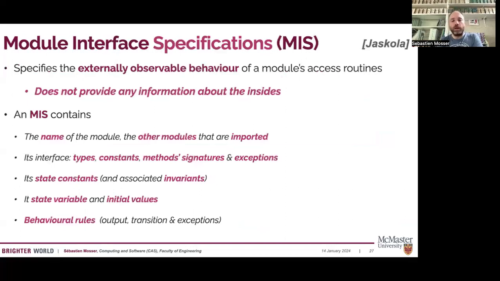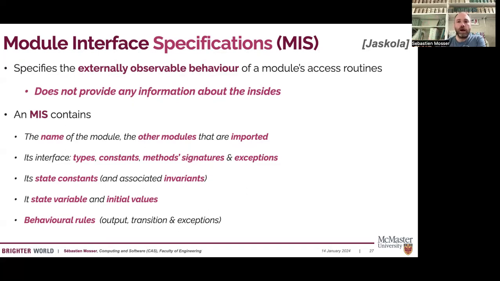To do this, we're gonna pimp up a little bit the notion of abstract data type, and we're gonna go for what's called module interface specification, MIS. In that case, it's just like an ADT on steroids. So we want to describe the externally observable behavior of what's happening. So no information about the insides, like an ADT, really nothing, just what we have.